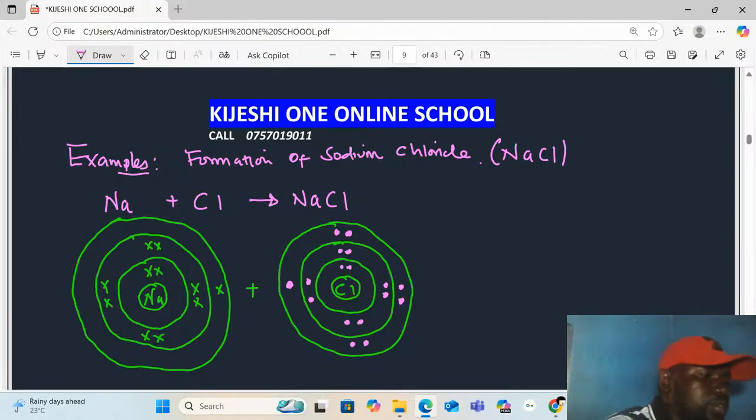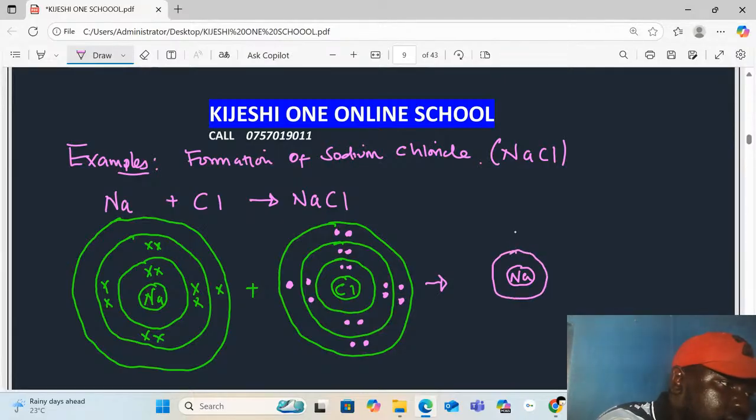So now we need to look at the formation of the ions so that we form the sodium chloride compound. The sodium has lost its entire third energy level. So now I will draw. It now has 2 energy levels in this manner.